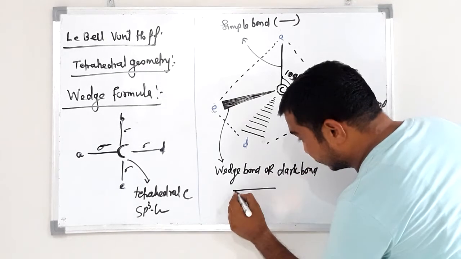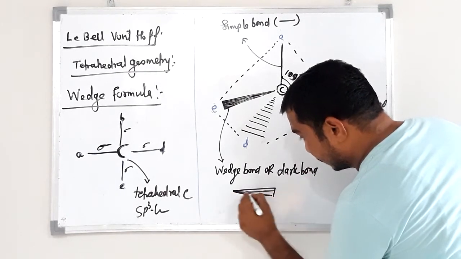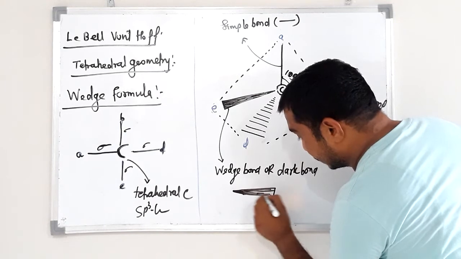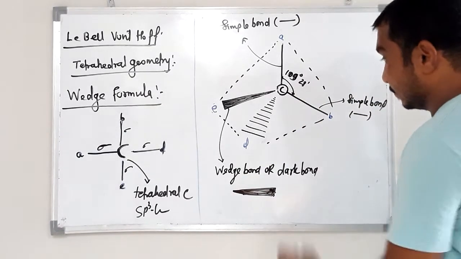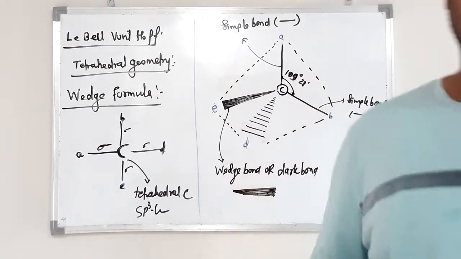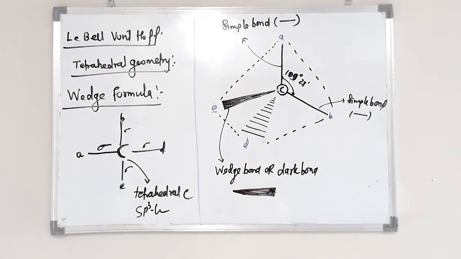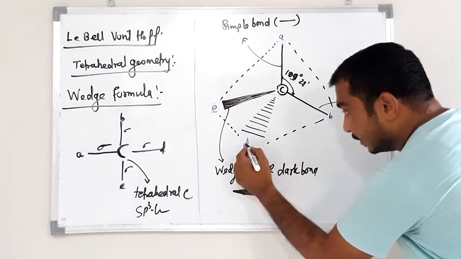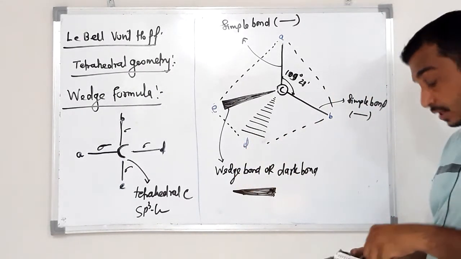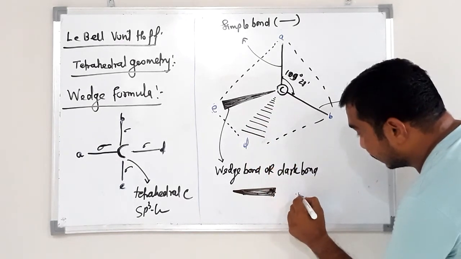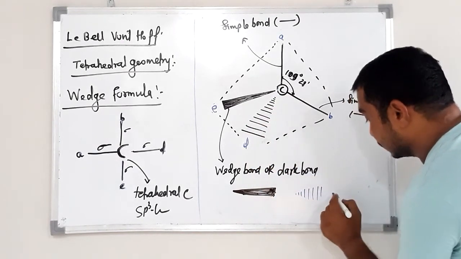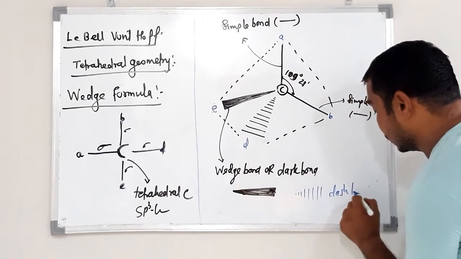It is like this. And here substituent D is attached to C by a dash bond, just dash dash.